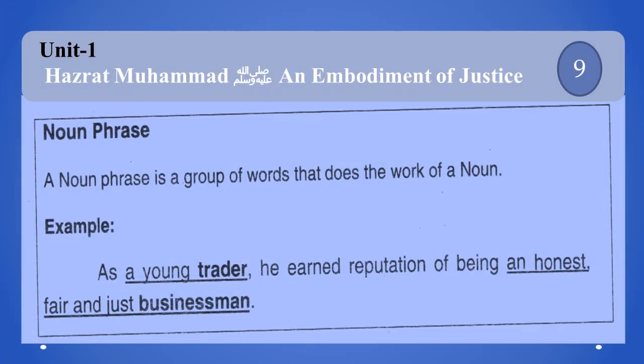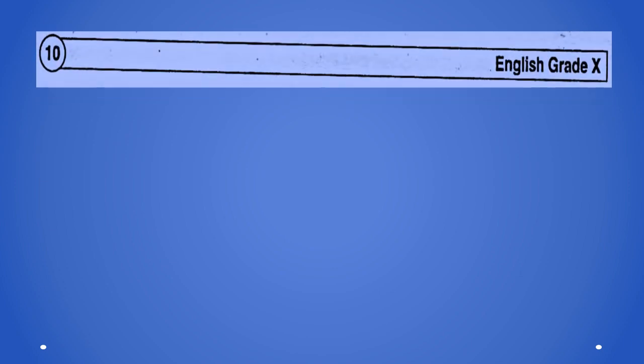Now open your book, page number 9. Here is some information given about noun phrase. Read it yourself. I hope everything is quite clear to you now. Now let's solve the relevant exercise on page 10 of your textbook.